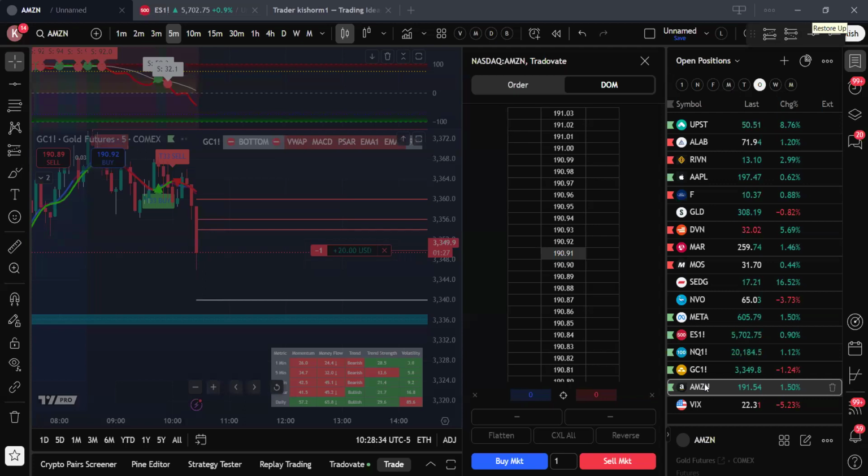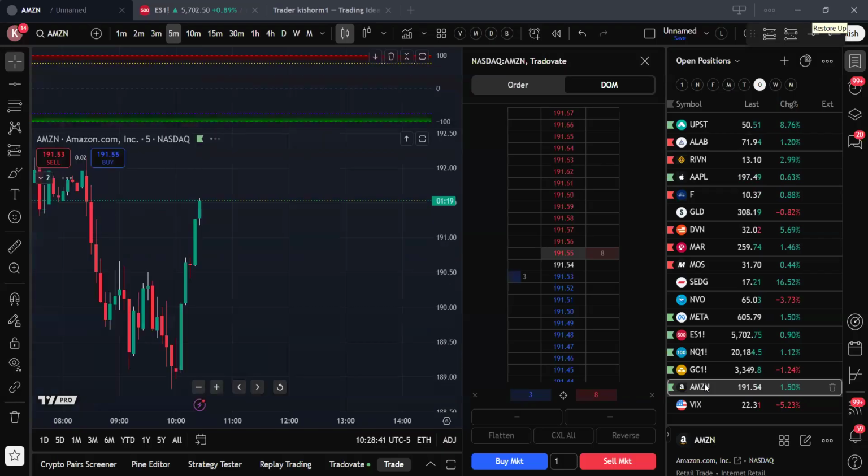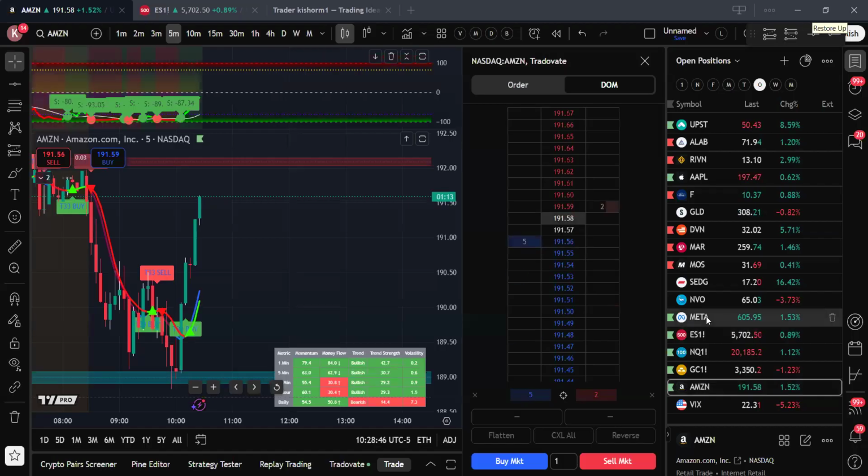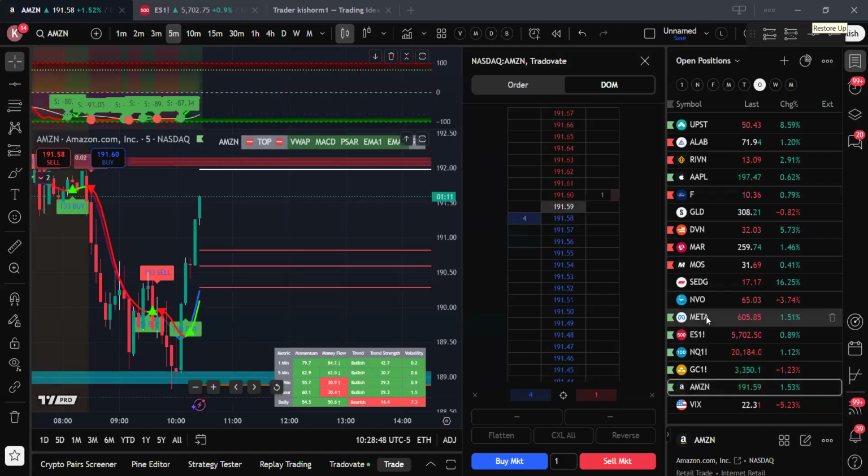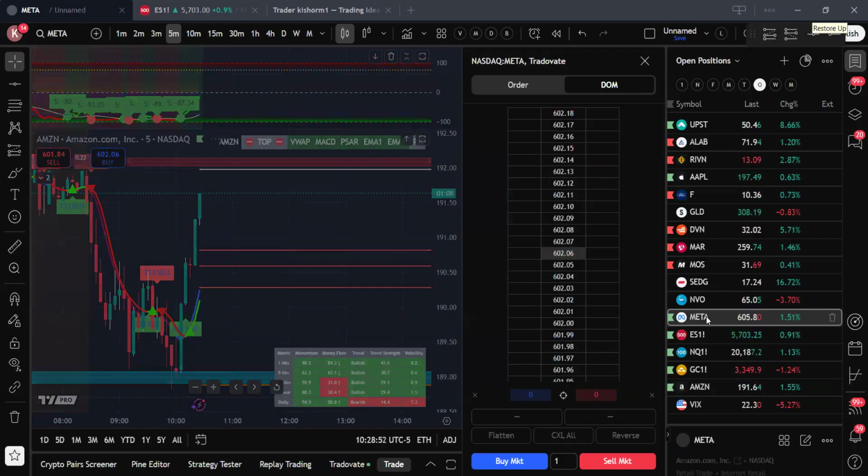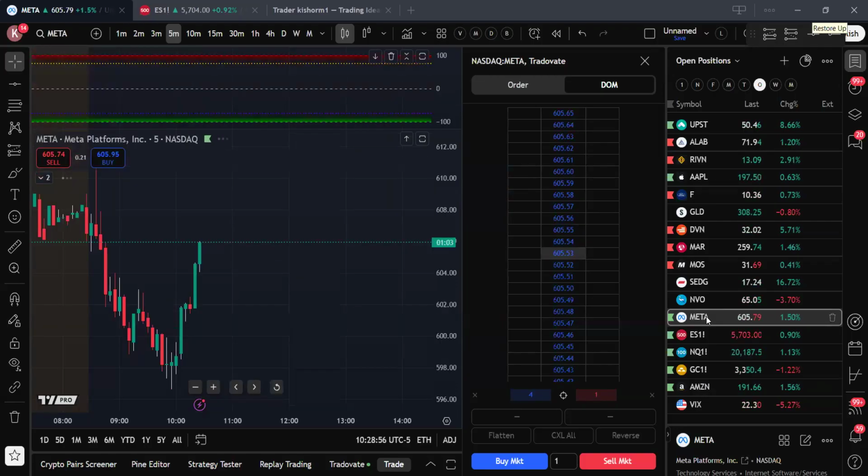Your Amazon Meta are moving huge. SPX bear call also will make profits in some time.